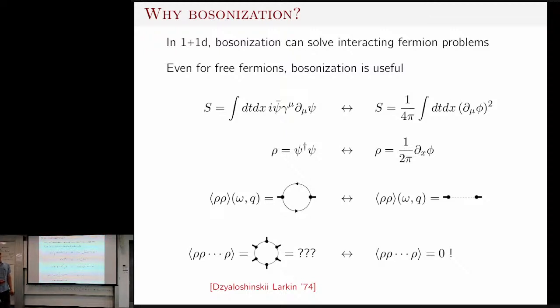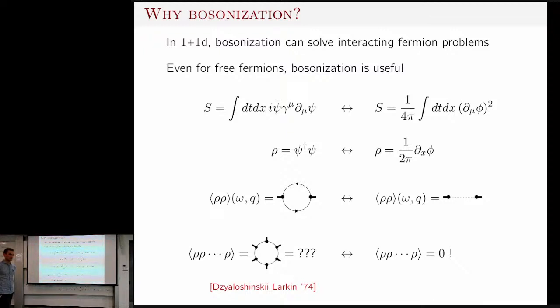Isn't that the axial anomaly? The axial anomaly? Well, sorry, the anomaly. The conservation of the axial current doesn't tell you that. So you're saying higher point functions will be constrained? That will probably fix the two-point function? Naively, both the vector and the axial currents are conserved. Yeah, that naively makes all diagrams vanish. And then there's one exception, which is the one that you wrote, because of the anomaly.